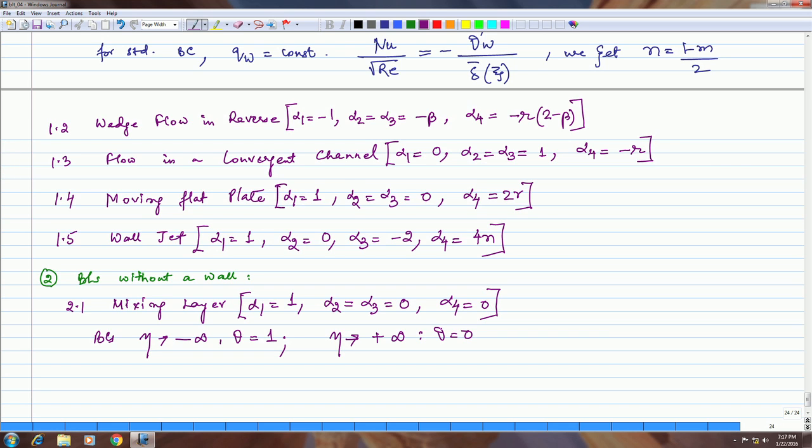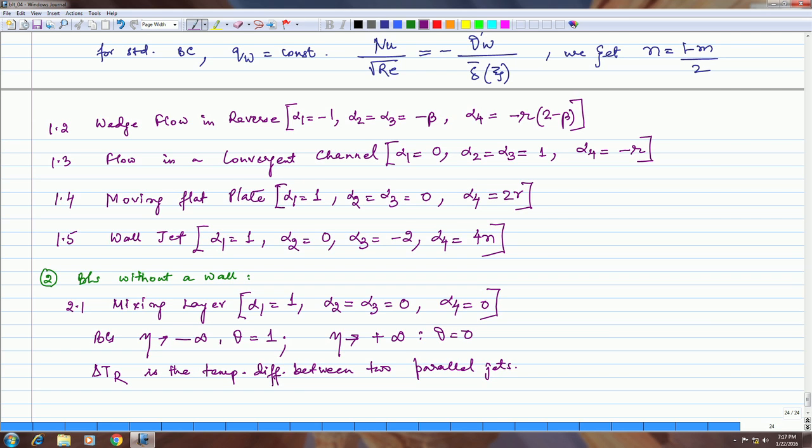And this is the temperature difference between two parallel jets. Isn't that right? So basically what you see here is that you've got a mixing layer.